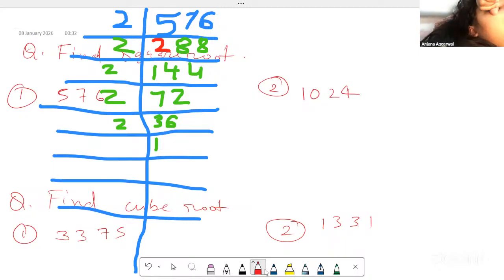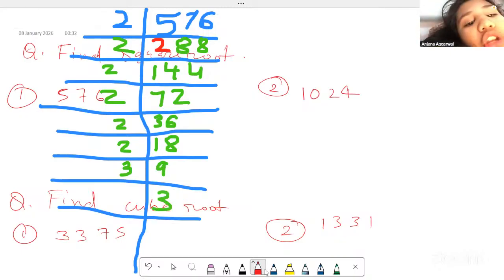Even though I know this, 13, 15, 16, 17, 18. 18, 2 meaning 9. 3, meaning 3. Should I stop there or should I do more?